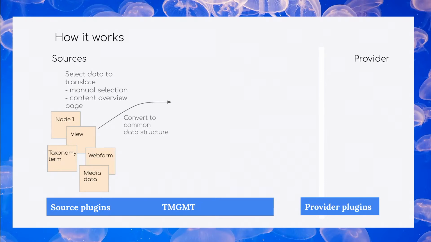So the first thing that TMGMT does is translate all of these very different data structures into basically one array of text that you need to translate. And it collects all of these things into what we call a job, which is basically just a collection of stuff that relate to each other and that belong to the same context in the thing that we want to translate.